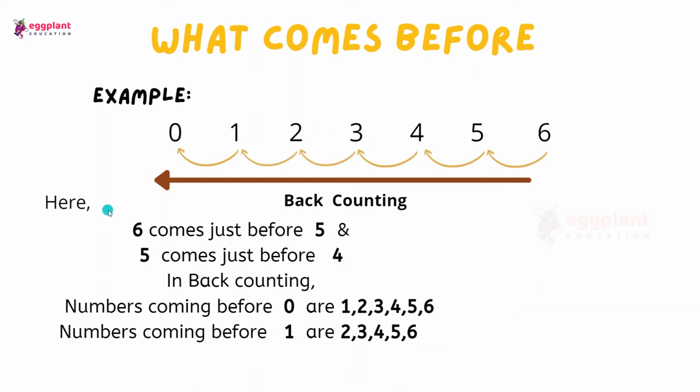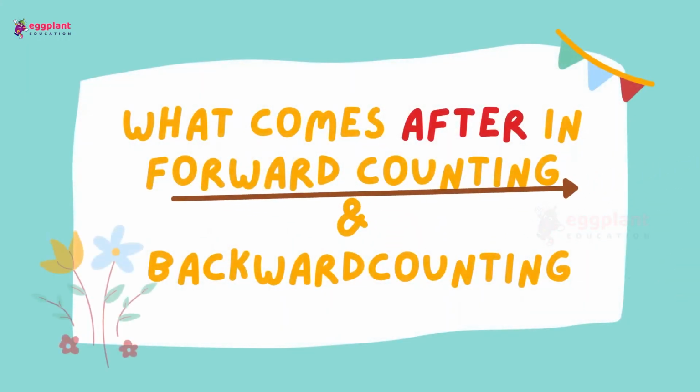And numbers coming before 1. This is number 1. Before this, what are the numbers we have in backward counting? We have 2, 3, 4, 5, 6. Yes? Okay. Let's move on to after numbers.